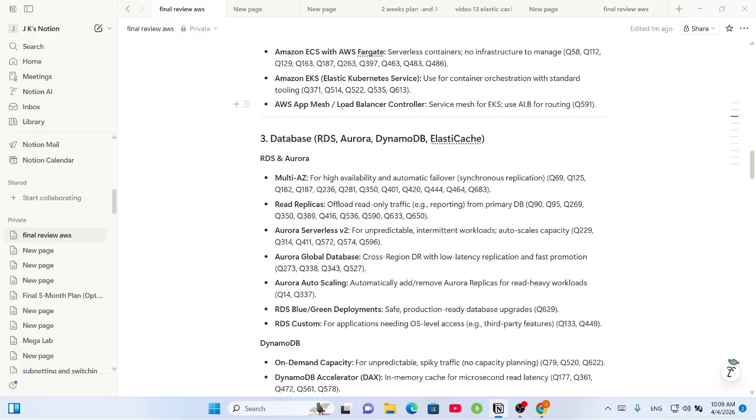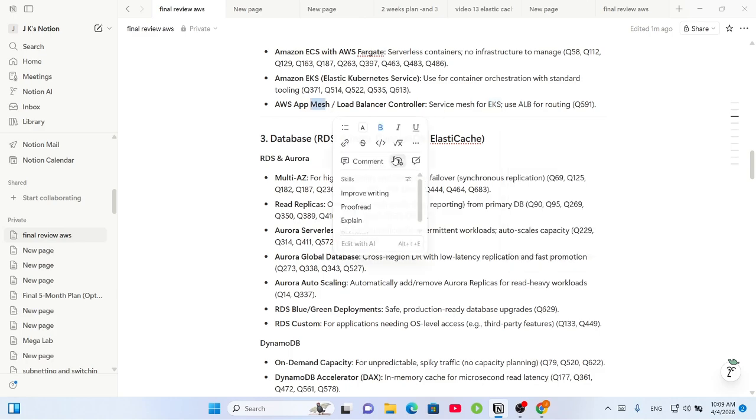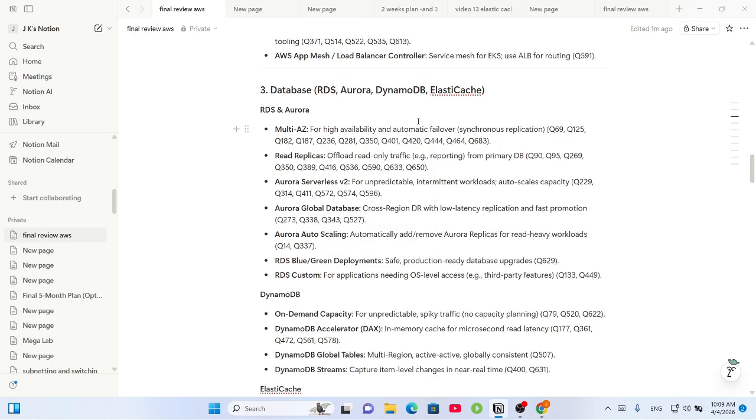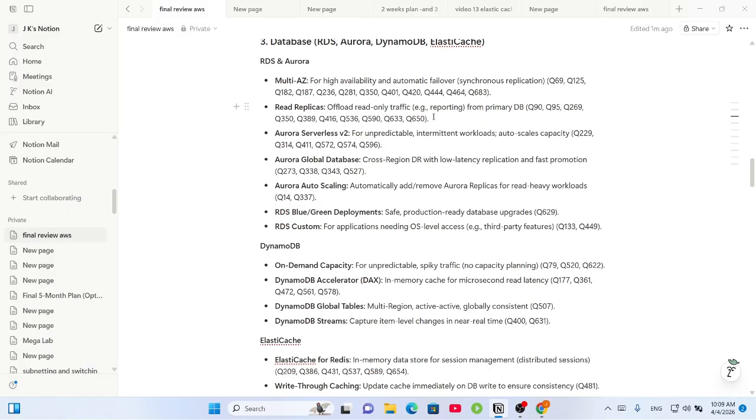AWS App Mesh or Load Balancer Controller. Service mesh for EKS. Use ALB for routing. Okay, this is for EKS. It's a controller for load balancing basically. Use App Mesh. And databases: RDS, Aurora, DynamoDB, and ElastiCache.